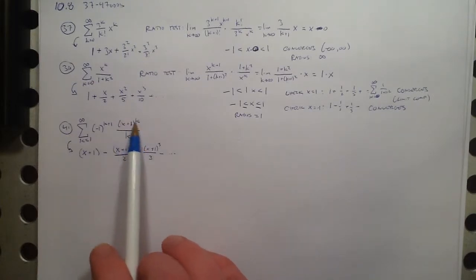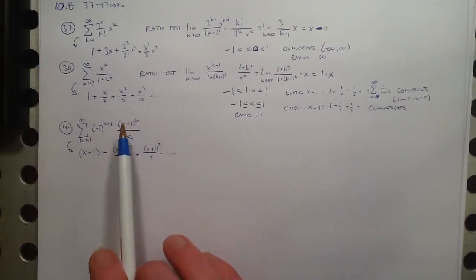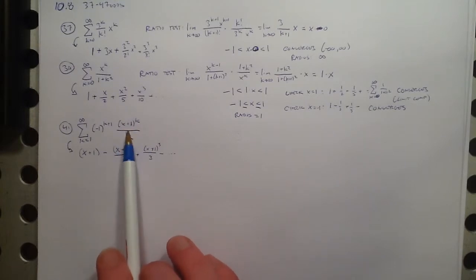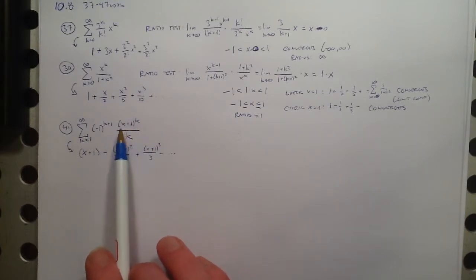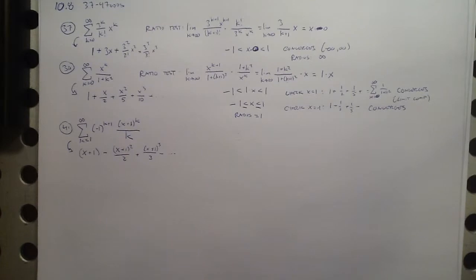This one is an x plus 1 to the k power. So the center, the place where this series was created, is at x equals -1. So if I get an interval, I should expect that -1 will be the center of that interval, because that's where this series was created. So if it's going to converge on some interval, I would expect -1 to be at the center of that.